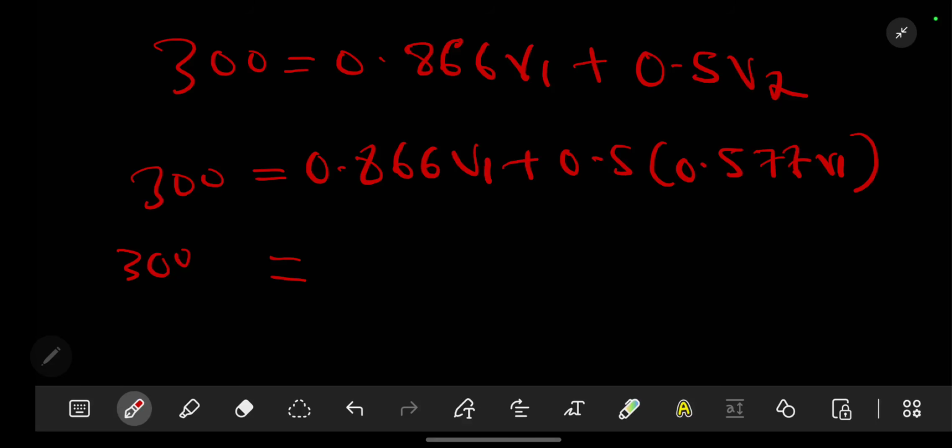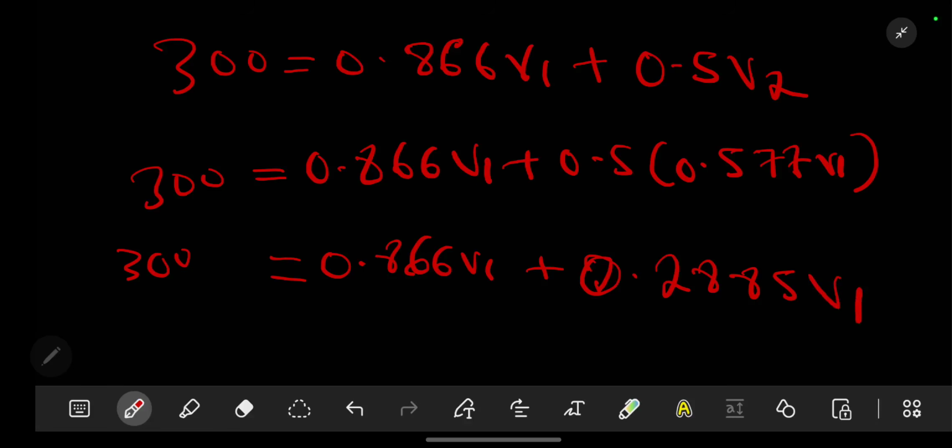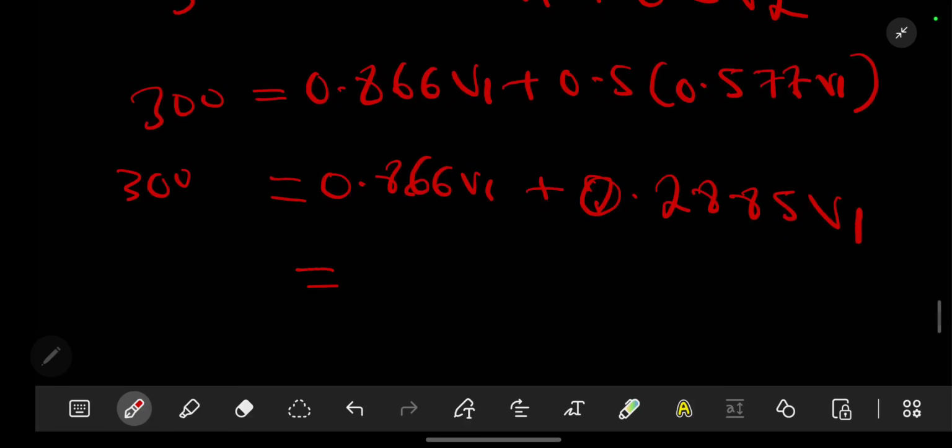So this gives us 300 equal to 0.866 V1 plus 0.5 times 0.577. This gives us a value equivalent to 0.2885 V1. Then we add 0.2885 plus 0.866, which gives us 1.1545 V1.